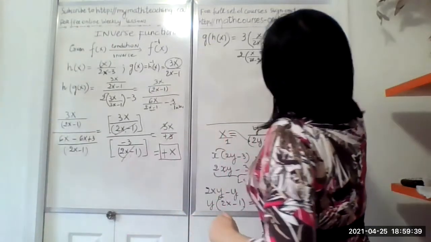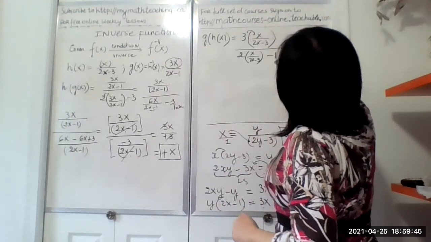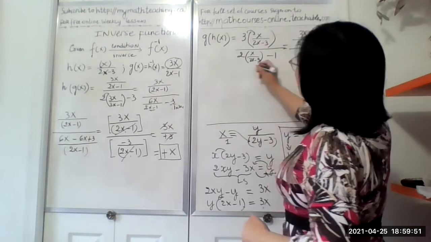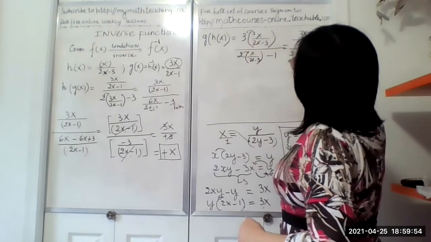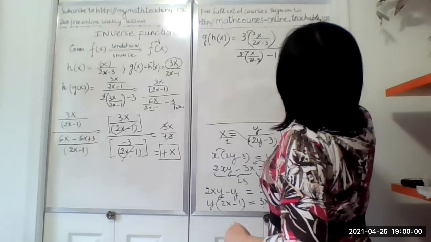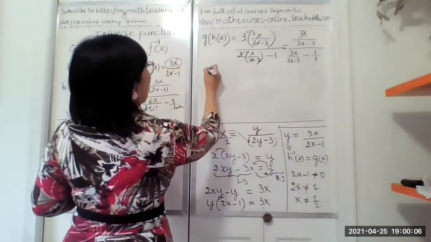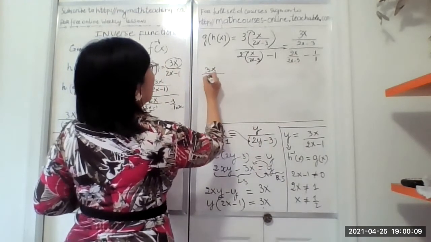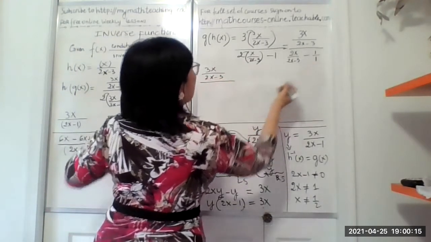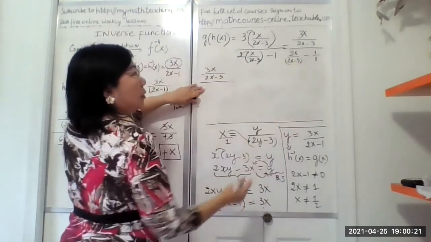Okay, so now let's simplify this. Distribute on top. We will have 3x on top over 2x minus 3. Down here, distribute inside. We have 2x over 2x minus 3 and minus 1. Again, I have to do common denominator down here, right? So on the top, I still have 3x over 2x minus 3. And down here, I'm going to work out with common denominator. So this number has to times with this bracket here, right?